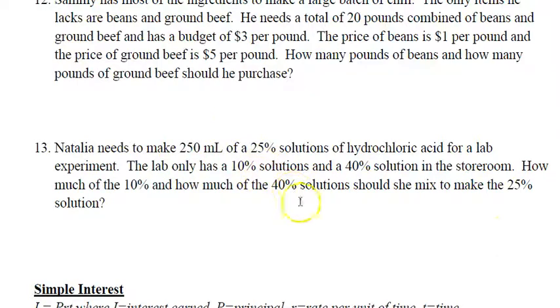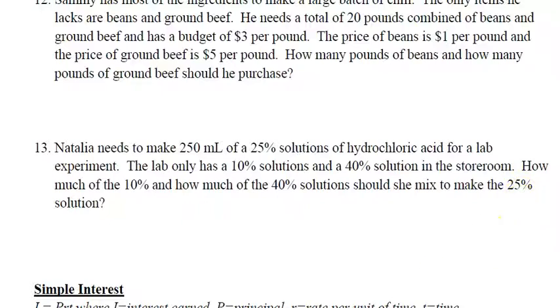Now these percentages, I want you to think of like money. So when we had money, we took the amount per pound and multiplied by the number of pounds. We're going to do the same thing. We're going to take the percentages and multiply it by the number of milliliters. So now we want a 10% and a 40%. We're going to change all percents to decimals, so move your decimal point 2 places for each of the percentages. And we want the mix to be a 25%.